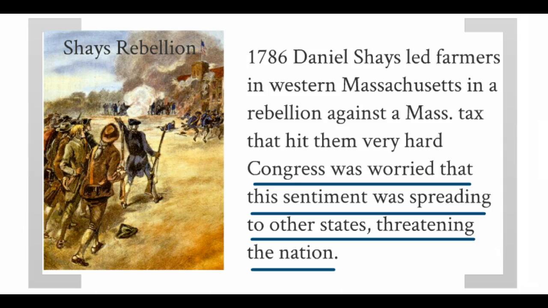And again, the national government under the Articles of Confederation had no power to deal with this larger problem of the fact that everybody really was broke, and getting a handle on national finances and the finances that the states were dealing with. So this event was the catalyst that led folks to sit down in Philadelphia and commit to fixing the Articles of Confederation.